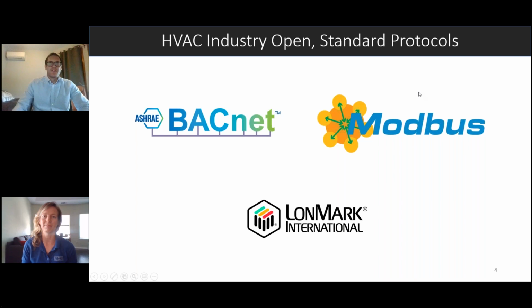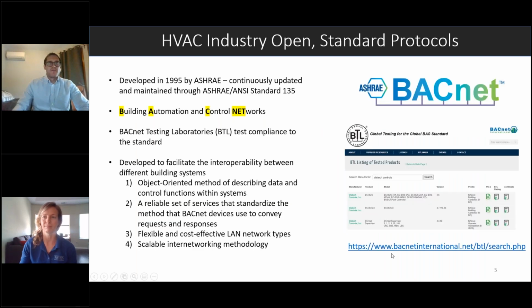Yeah, absolutely. And I think these 4 bullet points on this slide help you understand what goes into a protocol: having a method of describing the data and services for how you're transmitting data from one controller to the next, and the way that you label different things.